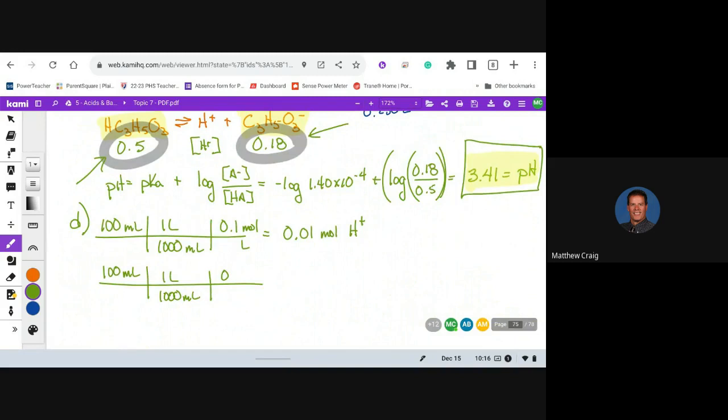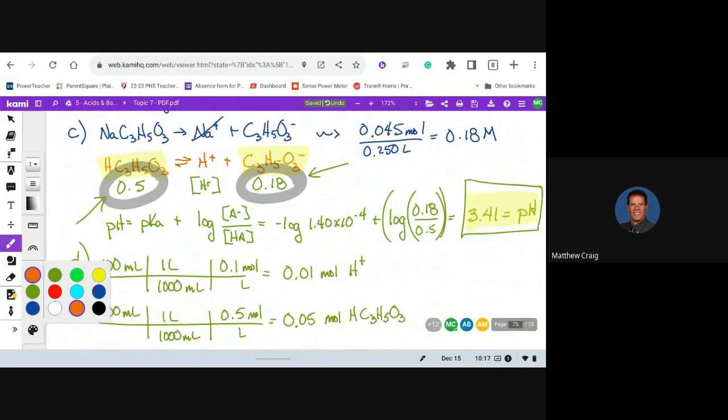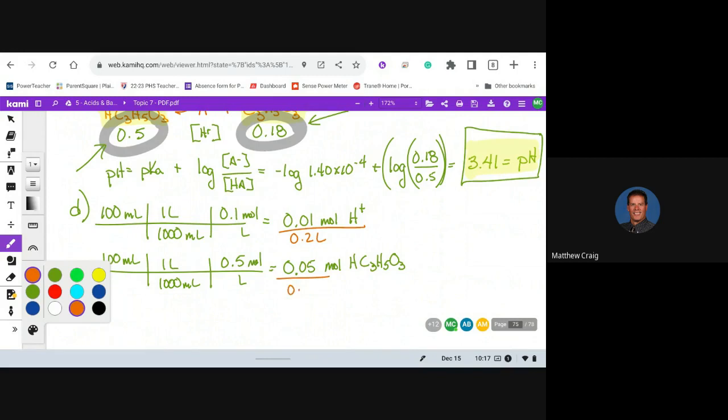Okay, and what's my total volume here? 200. So I'm going to get a new concentration. 0.05.